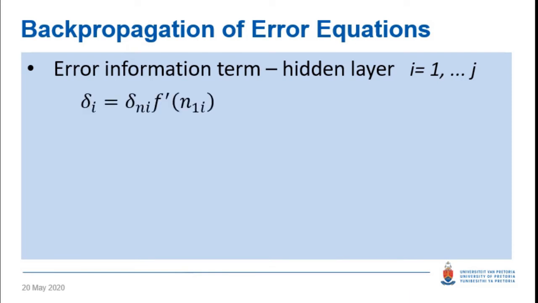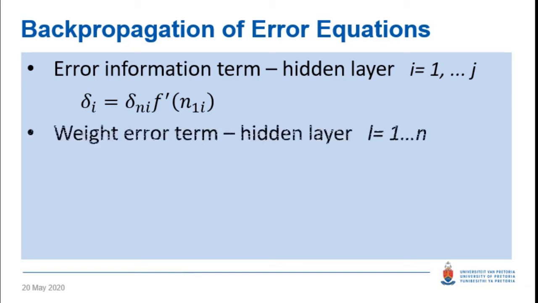So now we use the delta ni value because we have a hidden layer and we no longer have a difference between the target value and the activation. The delta ni value, which we calculated as the sum of delta terms in the previous slide, that value is now used instead of that difference. And again, we're taking the derivative of the activation function at the hidden layer node.